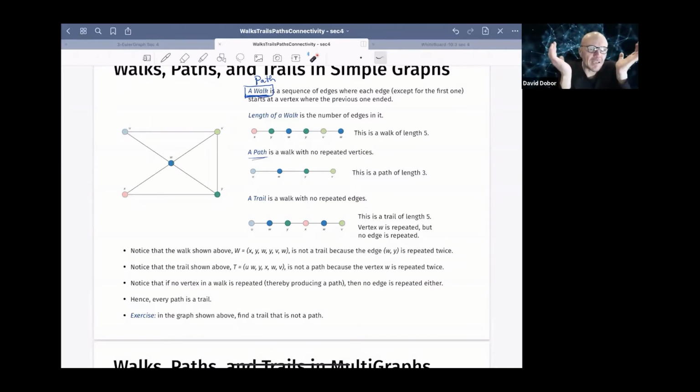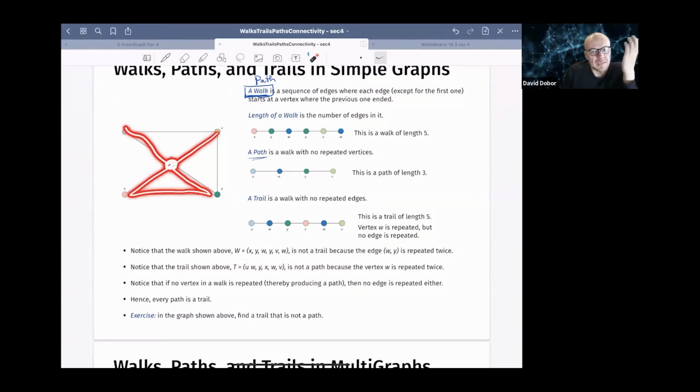This is what I'm getting into. If you have a trail where you hit every edge at most once, it is possible that you pass through a vertex more than once. We just had this example, where we passed through this vertex more than once, and we didn't hit any of these edges more than once.